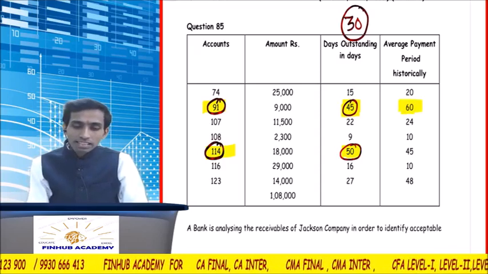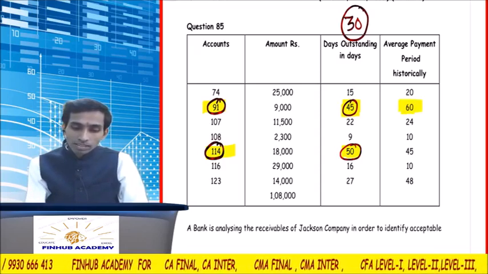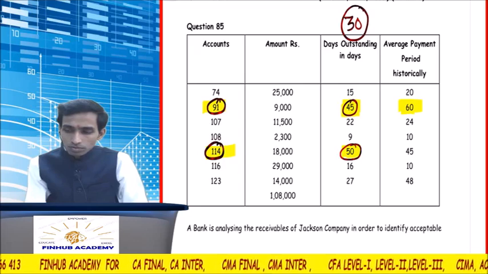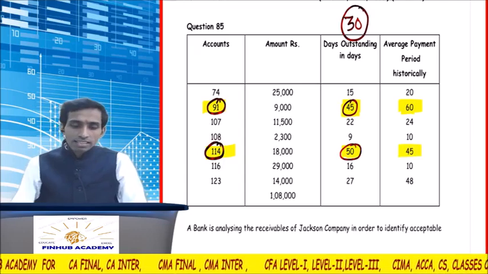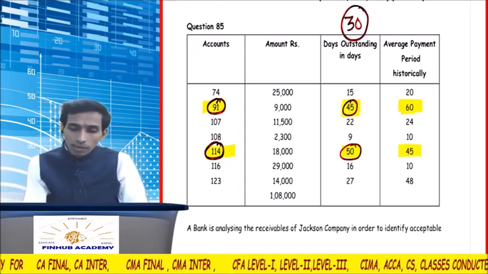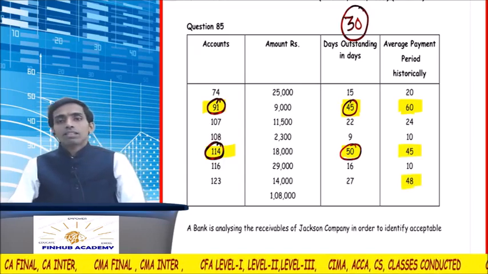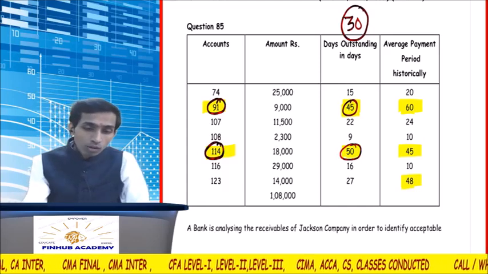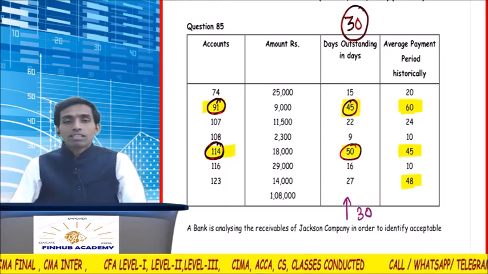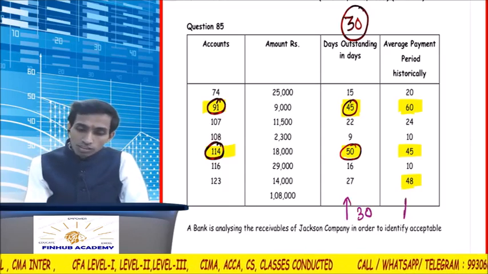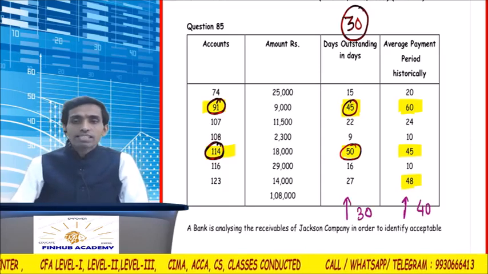91 first, then 114, correct. Then 123. Please understand. Here it should not be more than 30 days, and here it should not be more than 40 days.